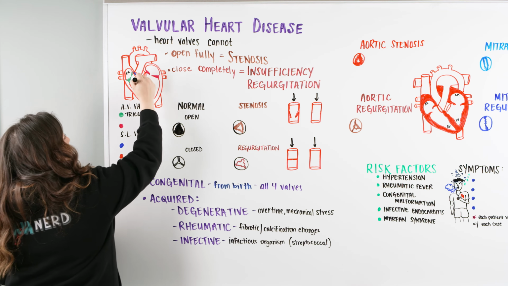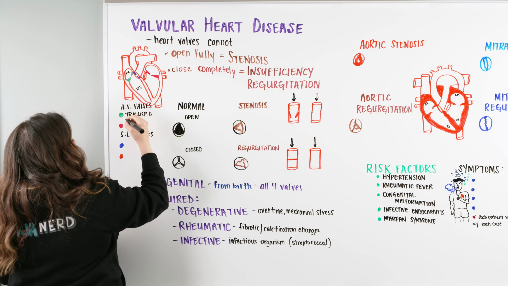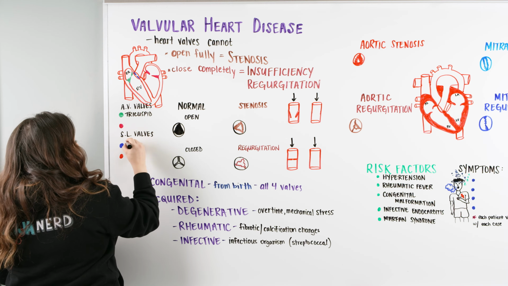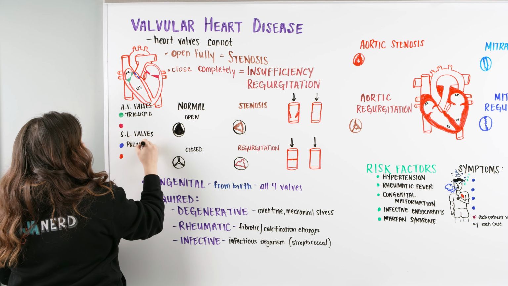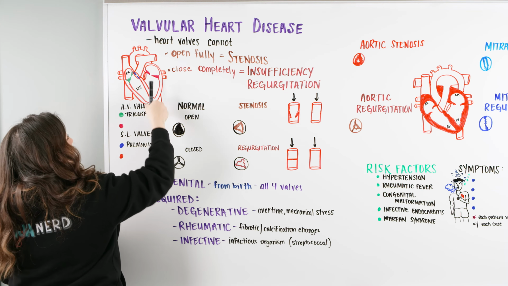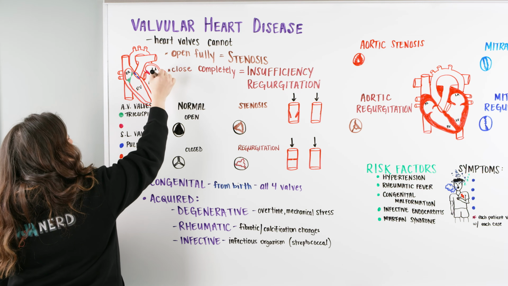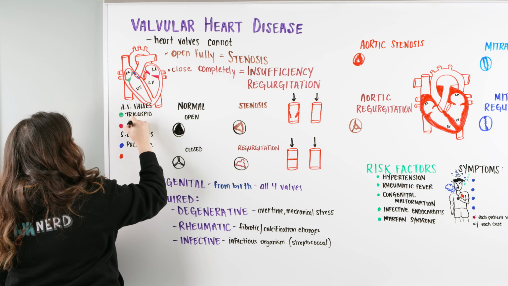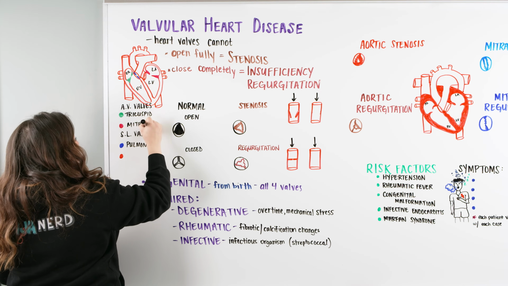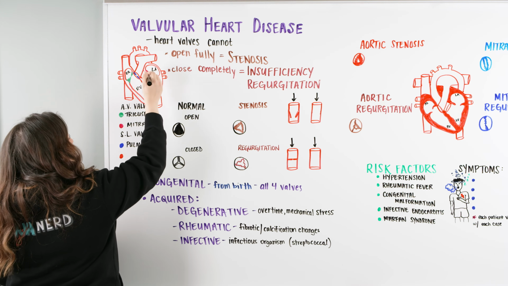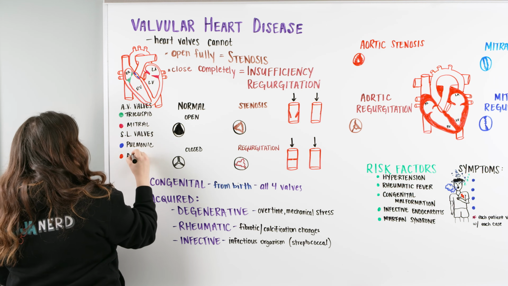Then the one that separates our right ventricle from the pulmonary artery is our first semilunar, the pulmonic. On this side, we have the left atrium and the left ventricle, and the valve that separates them is the mitral. Then we have the left ventricle to the rest of the body through the aorta, so that's our aortic.